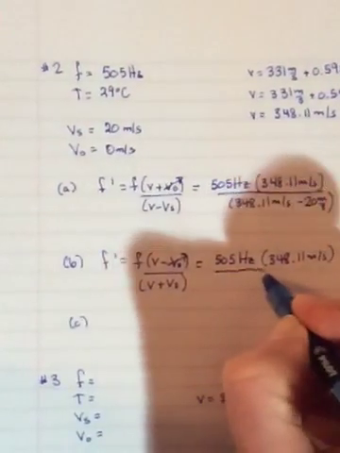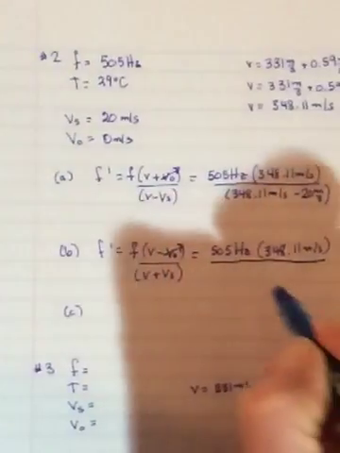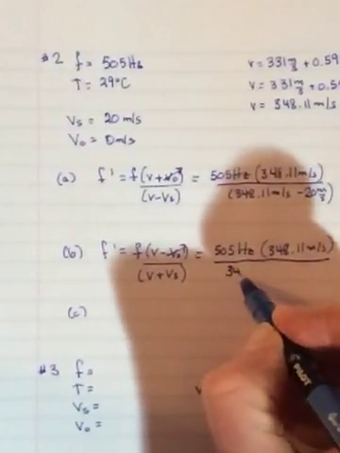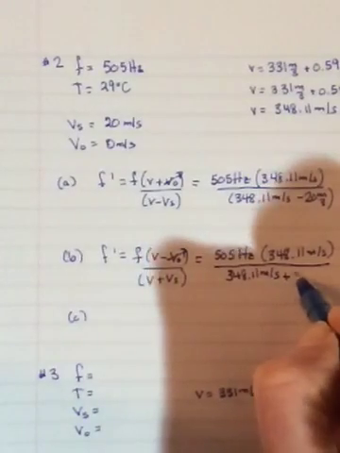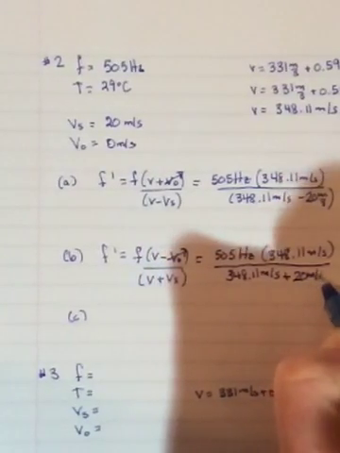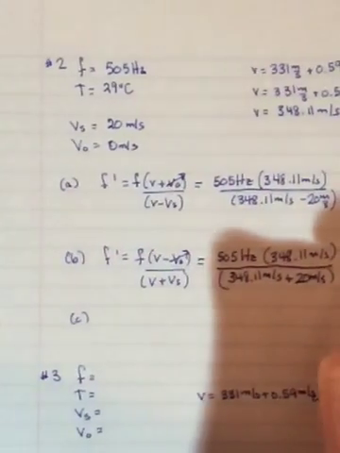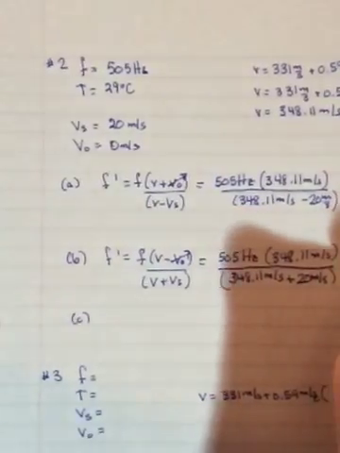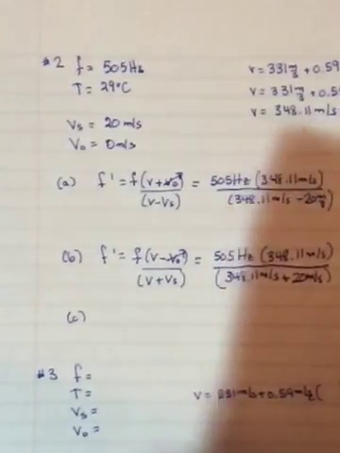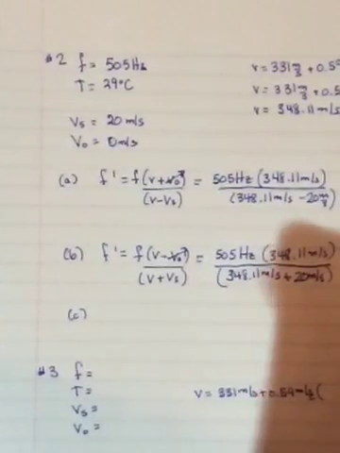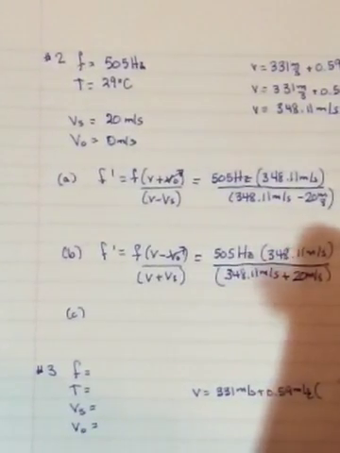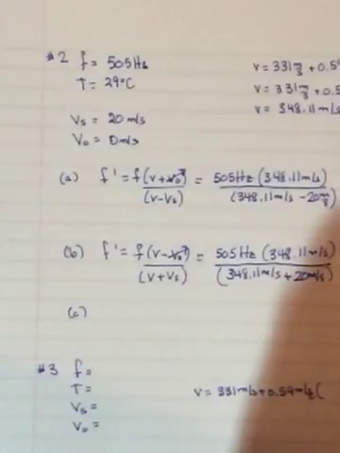Temperature hasn't changed, so the speed of the sound hasn't changed. And on the bottom, 348.11 meters per second, this time plus 20 meters per second. Punch this into your calculator and you will get an F prime, an apparent frequency of 477.56 hertz, and I'm rounding to 2 decimals here.